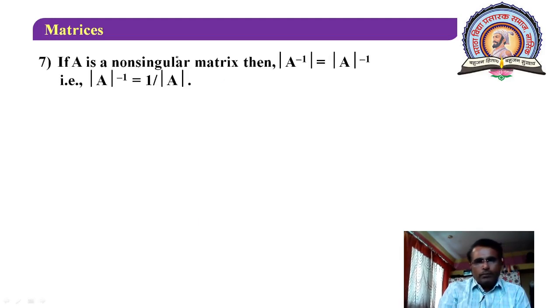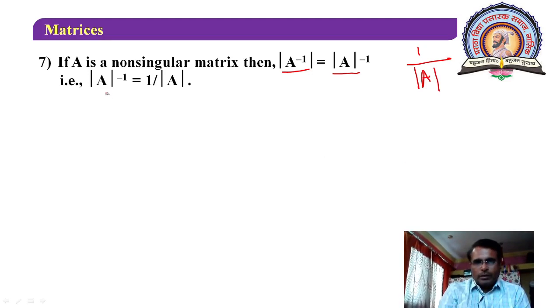The next, if A is a non-singular matrix, then determinant of A inverse is actually 1 upon determinant of A, that is written here.